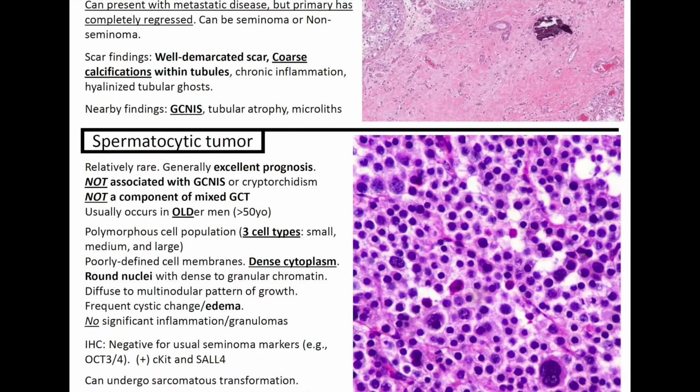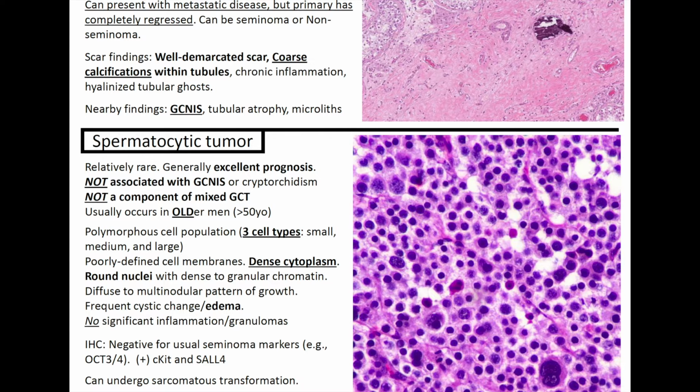All right, next up we've got spermatocytic tumor. So these are relatively rare with generally an excellent prognosis. These are not associated with GCNIS or cryptorchidism, and they are not a component of mixed germ cell tumor.